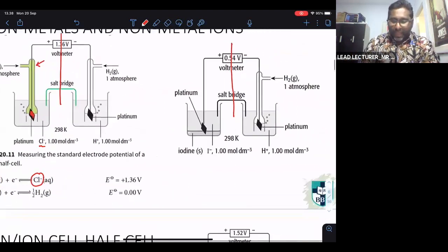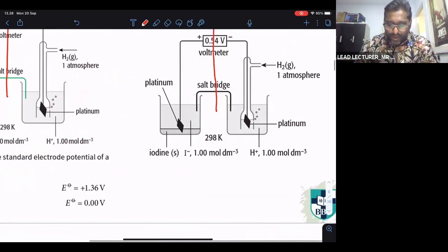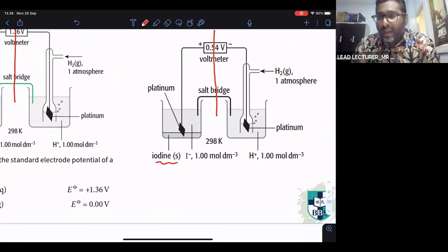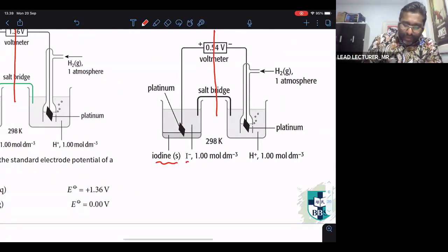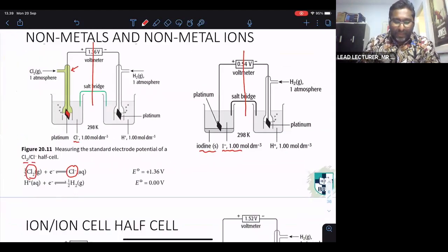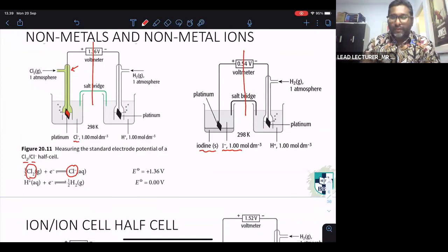Sometimes you have a situation where you have iodine, which is a solid. Iodine is a non-metal, it is solid, and I minus is aqueous. So you don't put a setup to collect gas. No, iodine is solid.